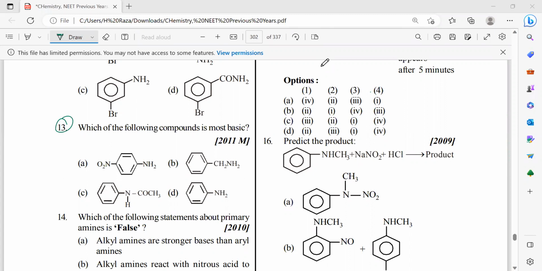B is the right answer. Very good. So everyone can see that this lone pair, this lone pair, this lone pair, every lone pair except B will be in conjugation with the benzene ring, and it will be busy in resonance. But this can be easily donated because it is not in conjugation, so it can donate it to some other, and it will be the most basic.